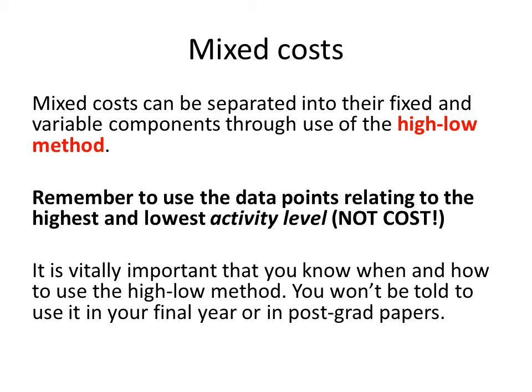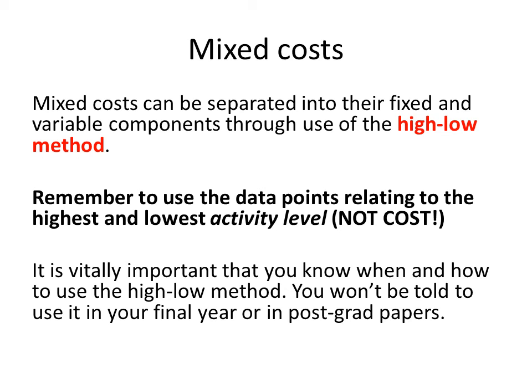Sometimes the cost is both fixed and variable, or it includes a fixed and a variable component. Like for instance electricity. There's the fixed cost that you pay per month, and then the usage per unit. Or telephone cost. There might be a line rental or rental of the equipment, and then the cost per minute or cost per phone call.